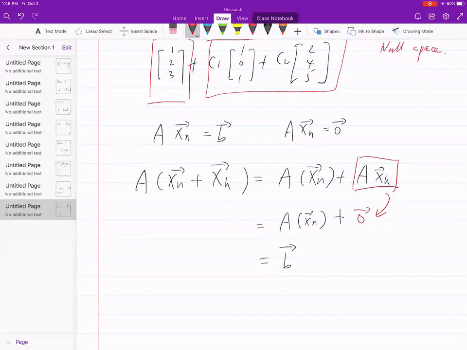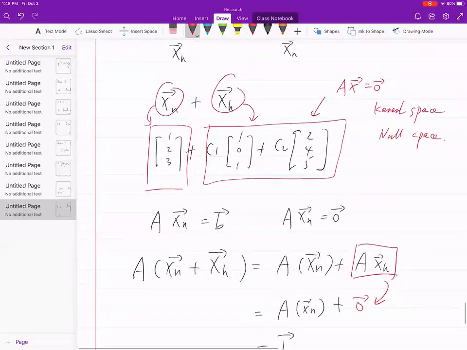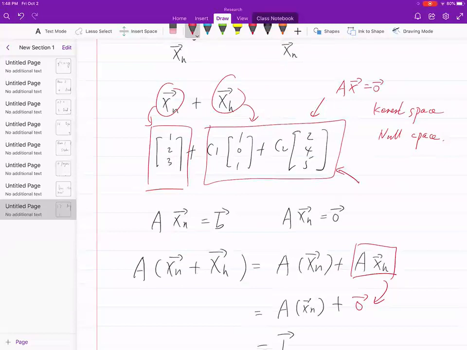Sounds good? The reason you decompose them into two parts is this part, you add it or you don't add it, it doesn't change the value of Ax. Because basically you're just adding 0 once you apply A. Make sense here? Okay, so that's why we have two parts. One part is one special solution.